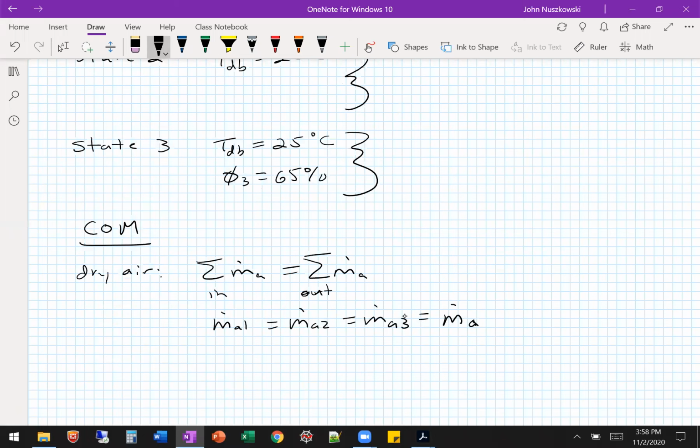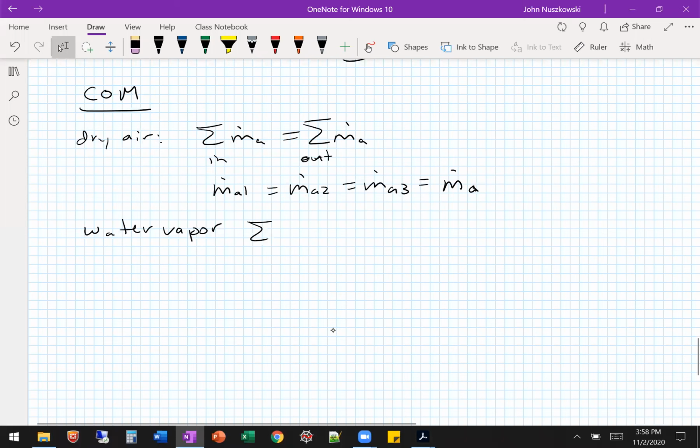All right, now if we look at water vapor, or water, let's start with section 1 to 2.